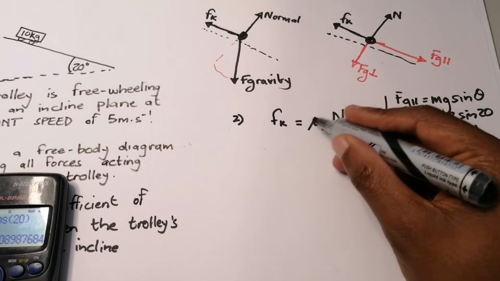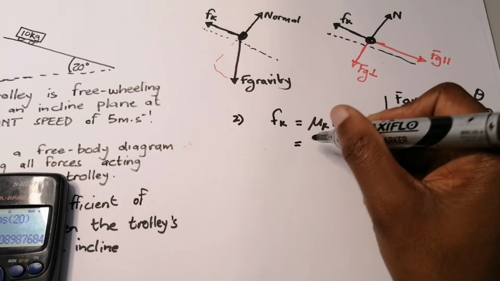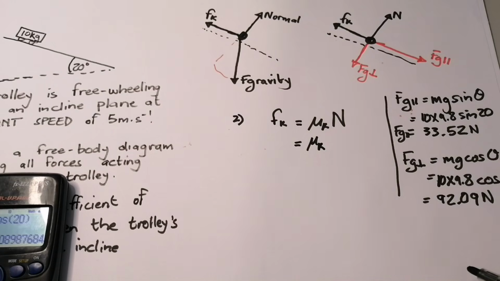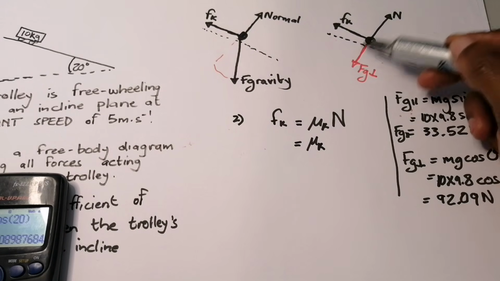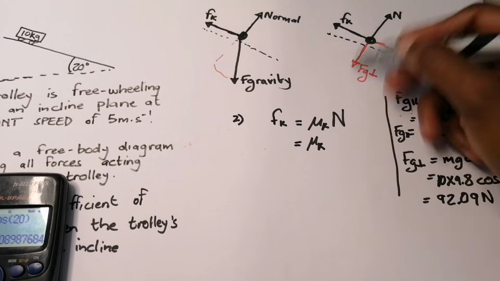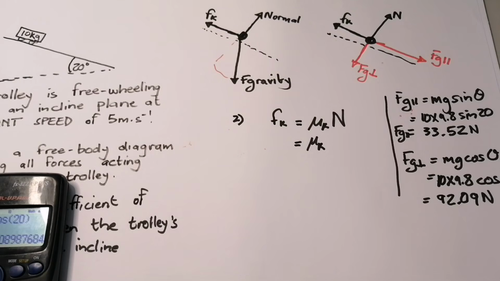I'm trying to find the coefficient of friction. Notice, I don't know what the coefficient of friction is, but I do have the normal force. Now, how would I have the normal force? Remember that the normal force is equal to our FG perpendicular. You saw that in our previous example, isn't it? So in this case, our normal force would be equal to FG perpendicular because both of those are acting in the perpendicular dimension and they are at equilibrium.